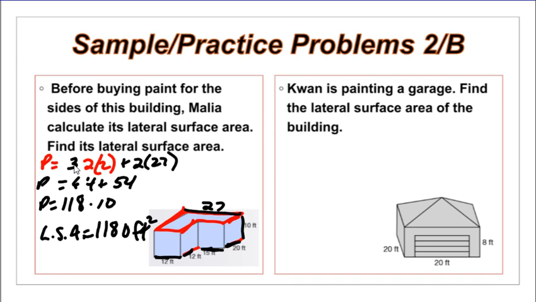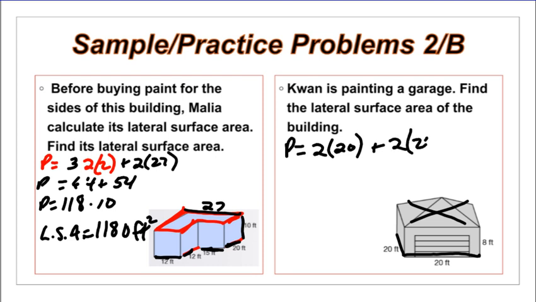Next one here, Quan is painting a garage. Find the lateral surface area of the building. We don't want the top part or the base. Let's find the perimeter of the base. This is a 20 by 20. So the perimeter equals 2 groups of 20 plus 2 groups of 20.